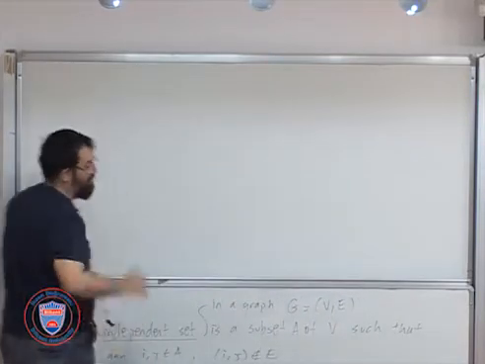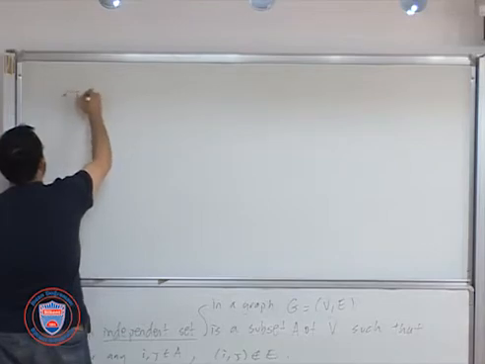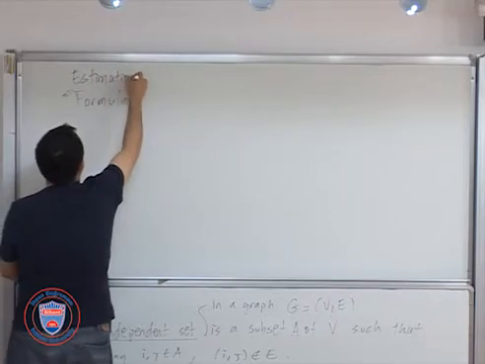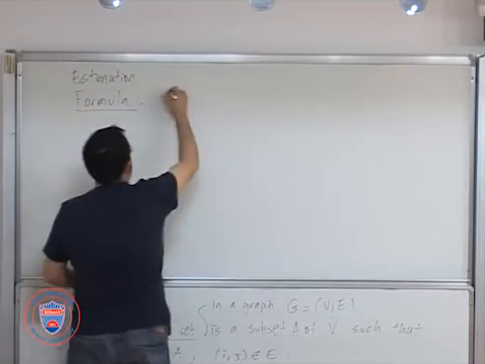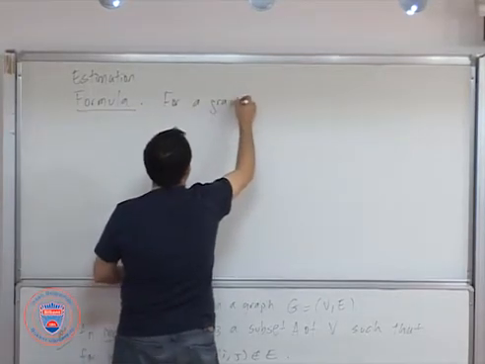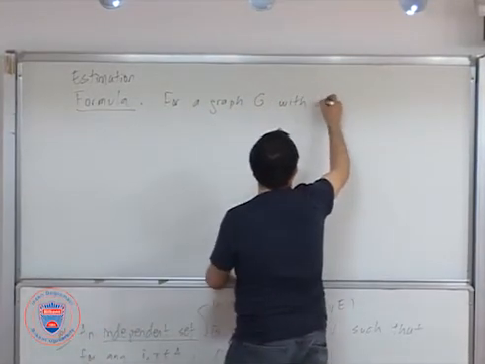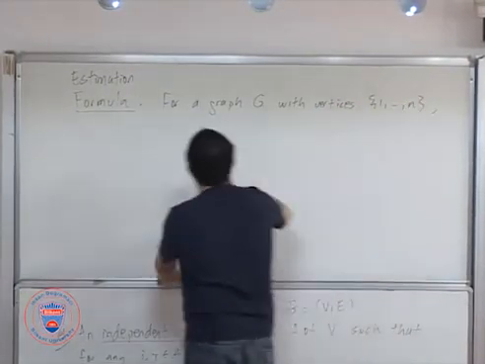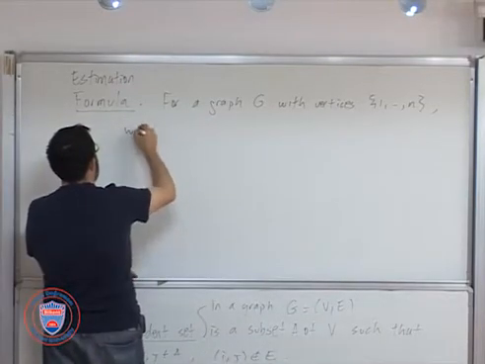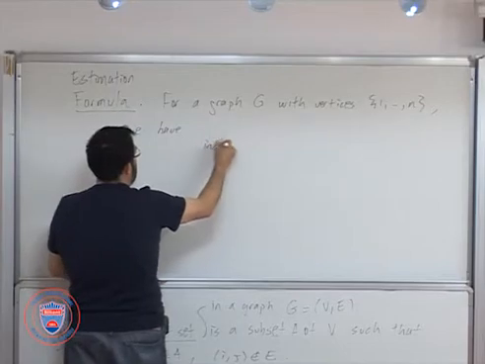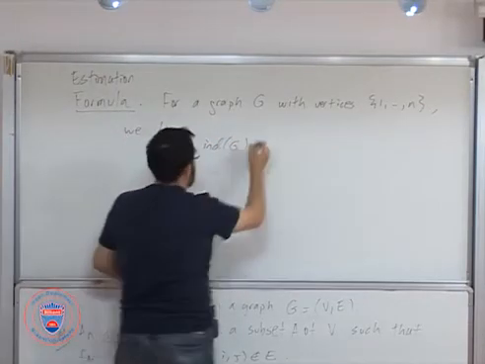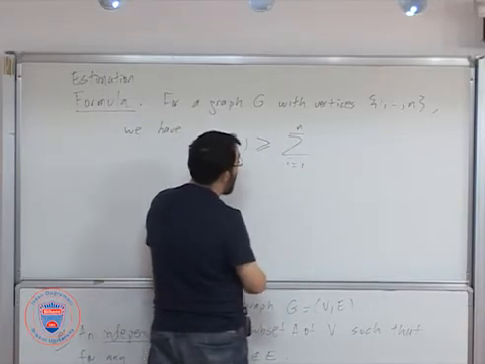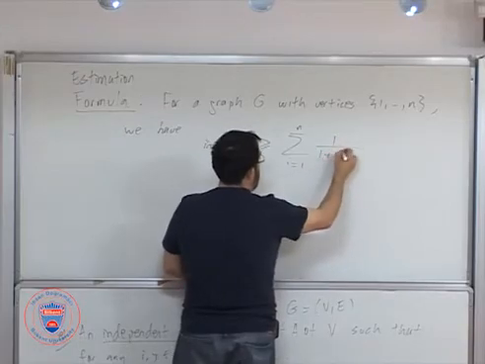Now there's this estimation, this formula. For a graph G with vertices, say 1 to n, the size of the independent set is bigger than or equal to the sum over 1 to n of 1 over 1 plus di.